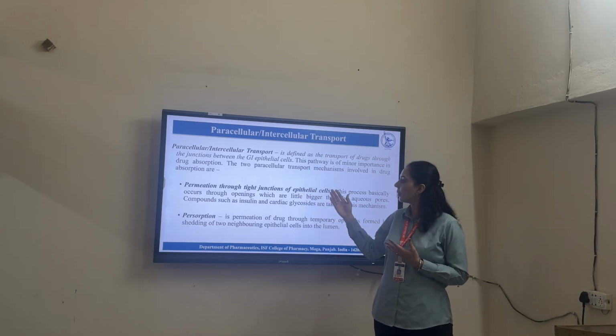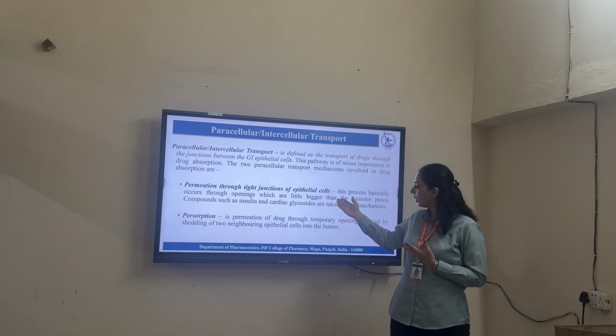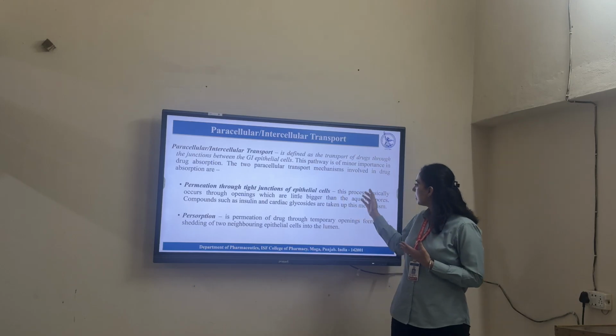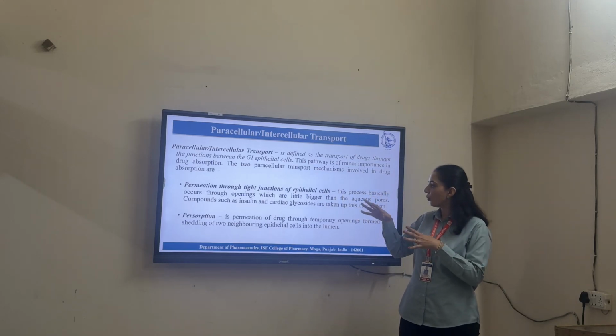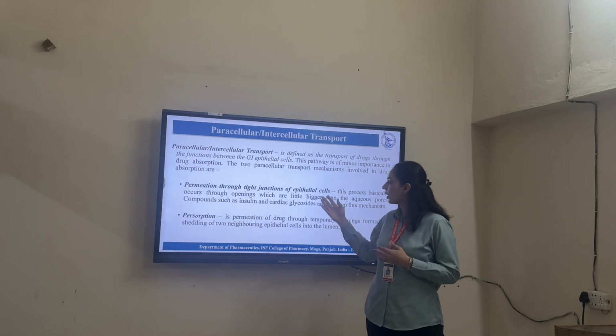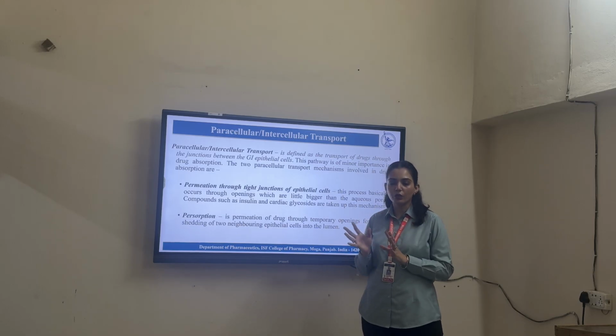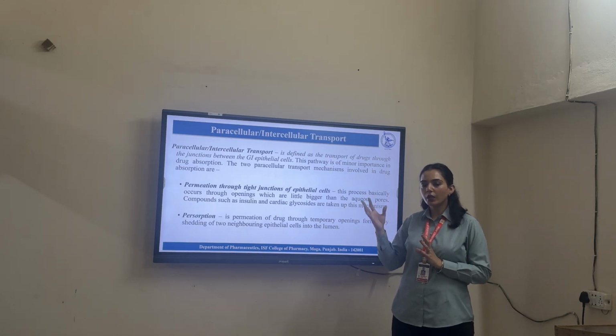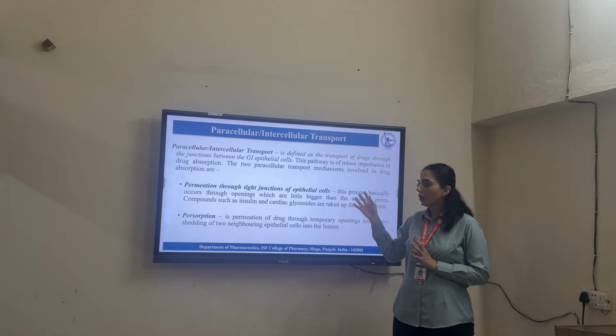First one is permeation through tight junctions of epithelial cells, and second one is persorption. Permeation occurs through openings which are a little bigger than the pores in the protein channels. So higher molecular weight drugs can easily pass through these tight junctions of the epithelial cells.